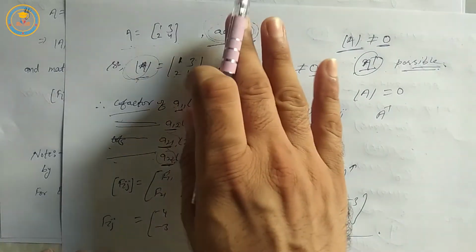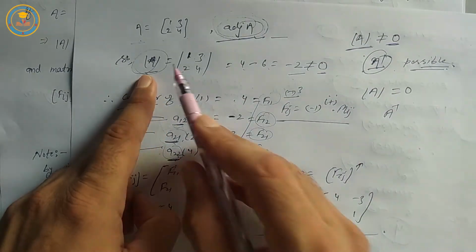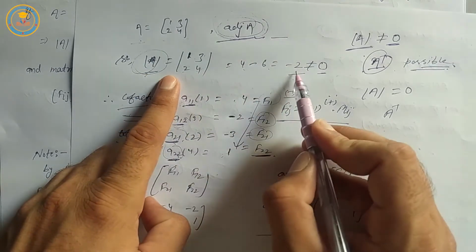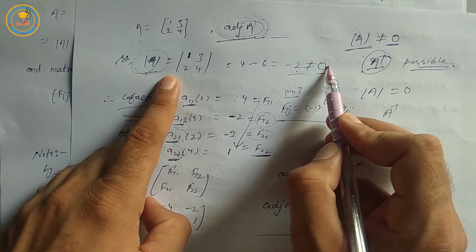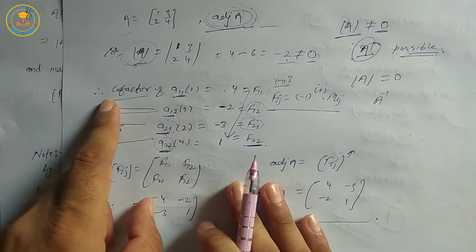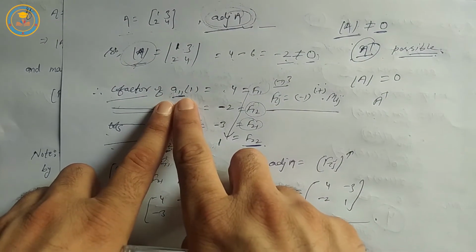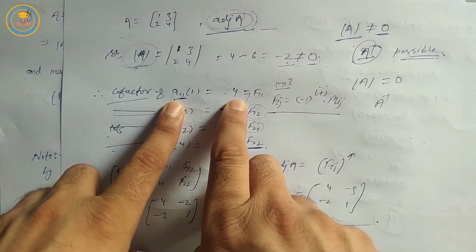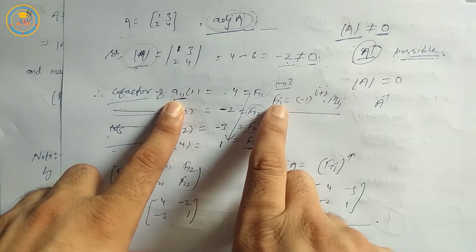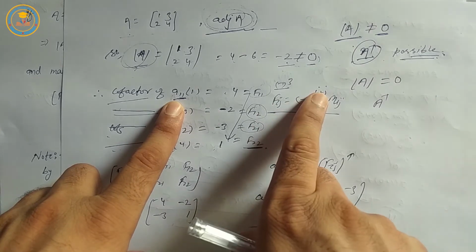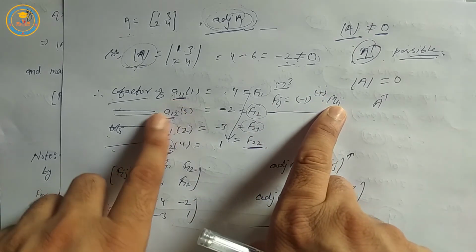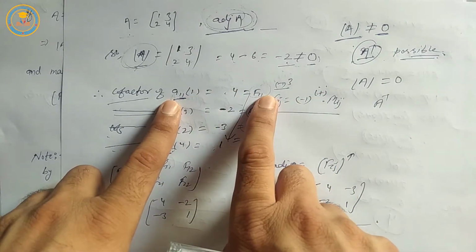Working rule for adjoint A: determinant A equal to minus 2, not equal to 0. Okay, so cofactor of element A11, of 1, is equal to 4. Apply the formula Fij equal to minus 1 to the power i plus j into Mij. A11 equal to F11.